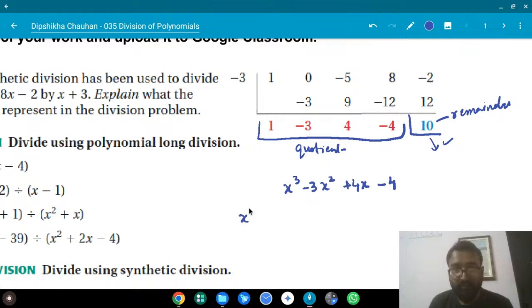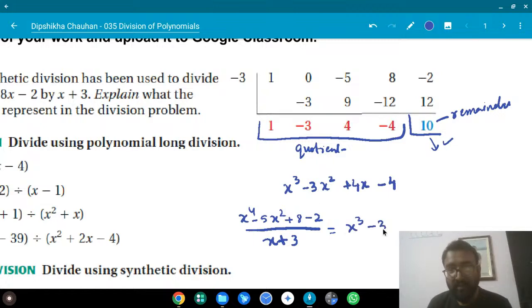x power 4 minus 5x square plus 8x minus 2 by x plus 3 equals quotient plus remainder, which is x cube minus 3x square.